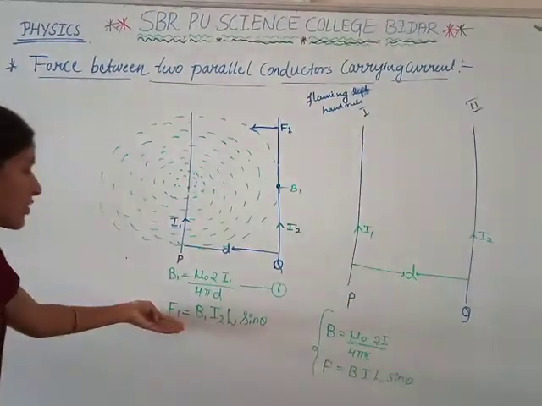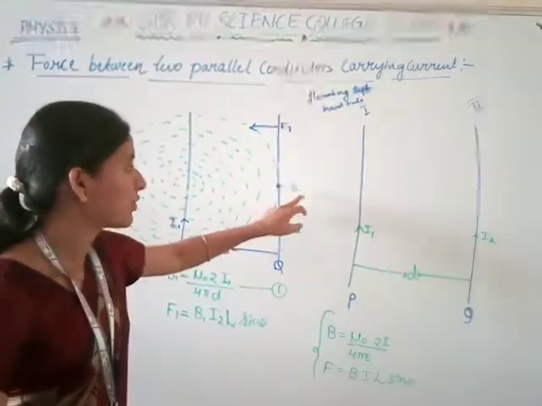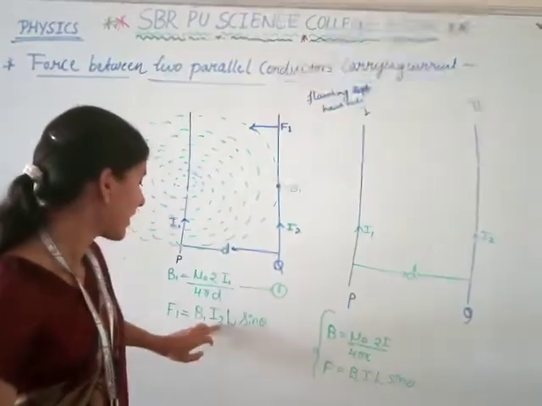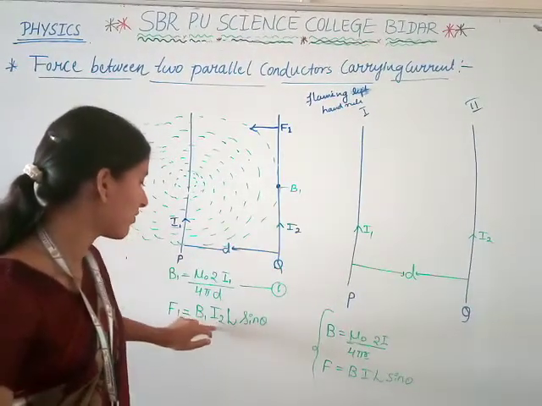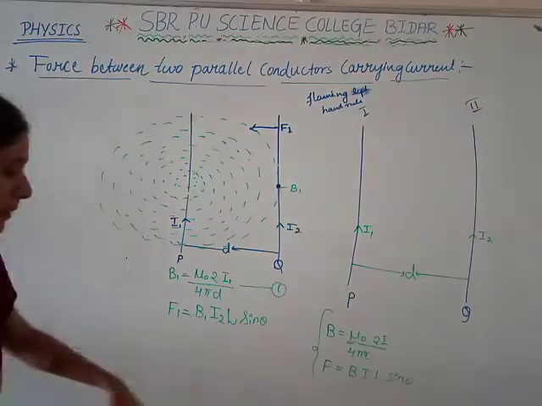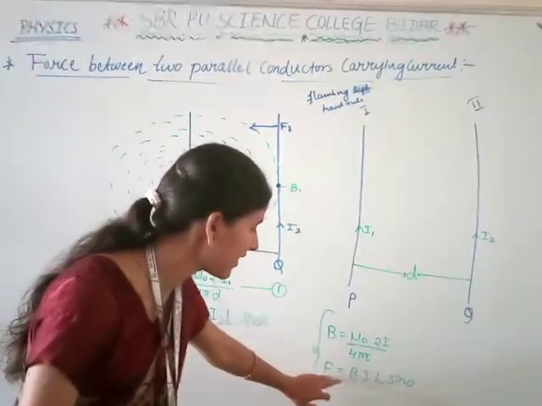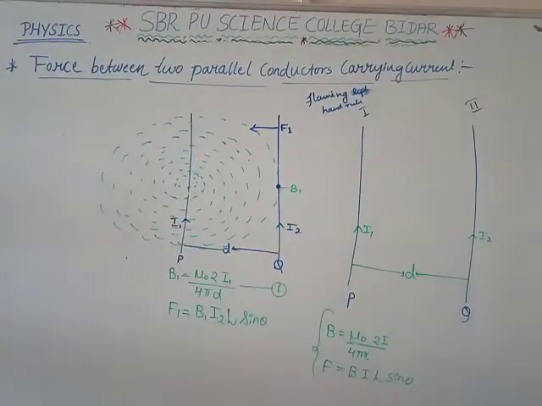Means the magnitude of the force F1 is equal to B1, due to a magnetic field, current I2 in the presence of a conductor Q, the I2 current is flowing here, L is the length and sin theta is the angle. By using a general formula, we write F is equal to B I L sin theta. Okay.